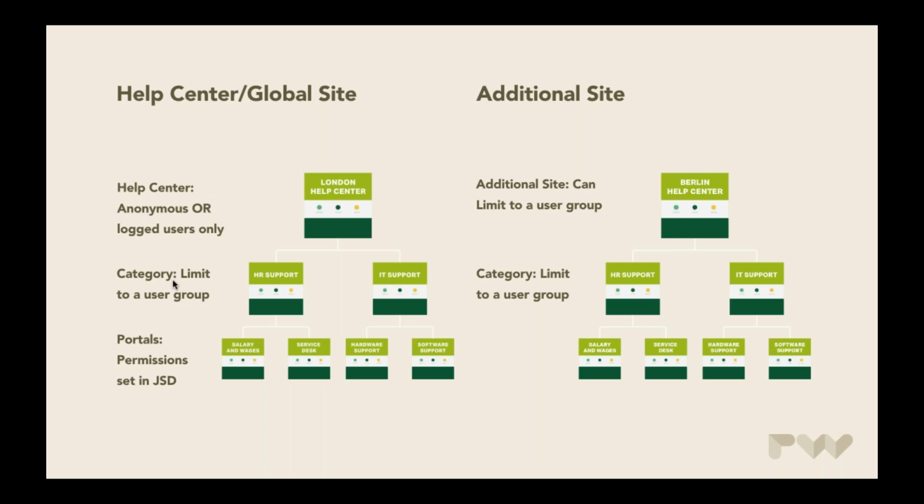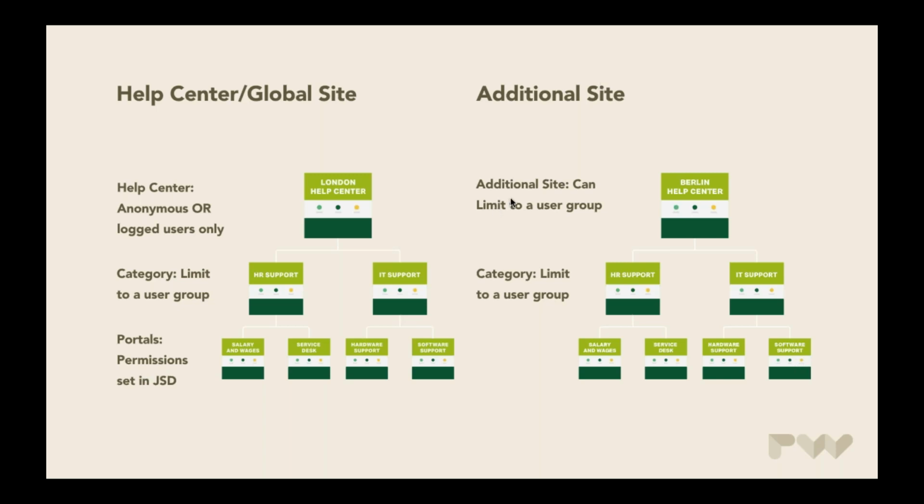But if we added a category to that help center, we could limit that to a user group or a user. We could also say we want it to be seen by anonymous or logged in users. And by default, the settings will be inherited from the parent site. And then with permissions on the portal, these need to be configured in Jira Service Desk.